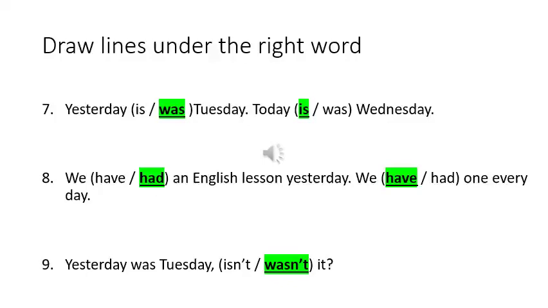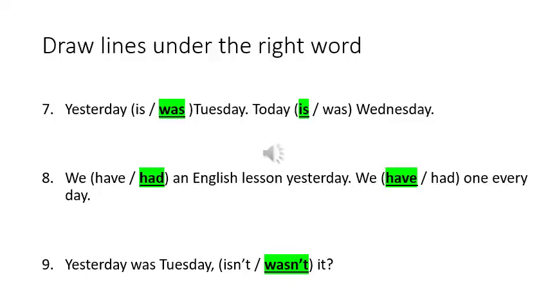We dash an English lesson yesterday means this sentence is about past tense. So which is the correct option? Have or had? Had is the correct option. So how will you write the sentence? We had an English lesson yesterday.